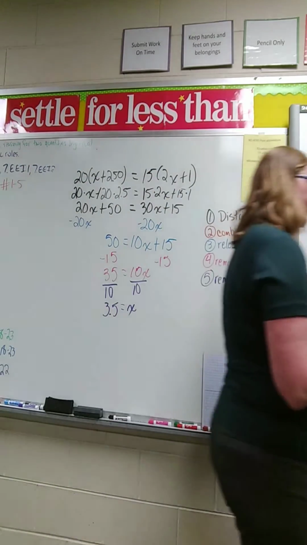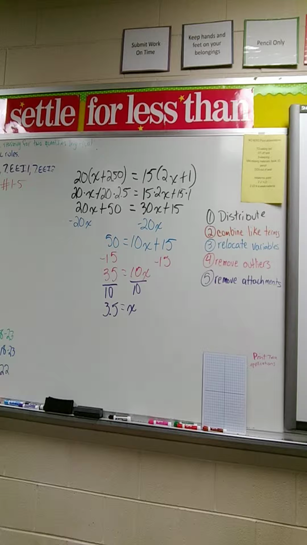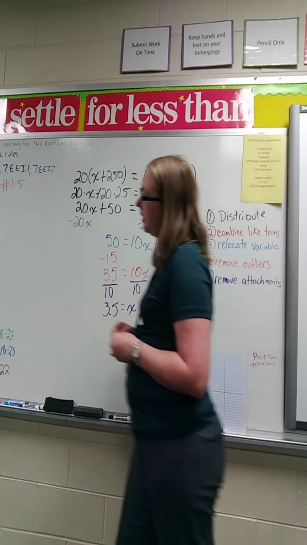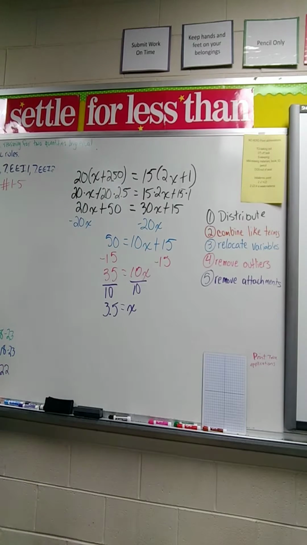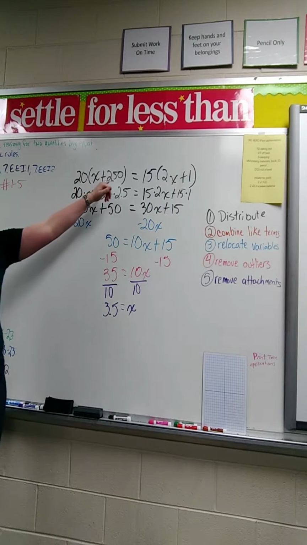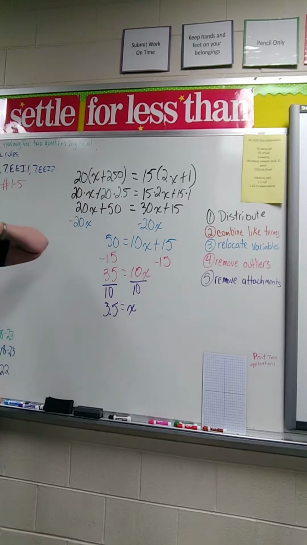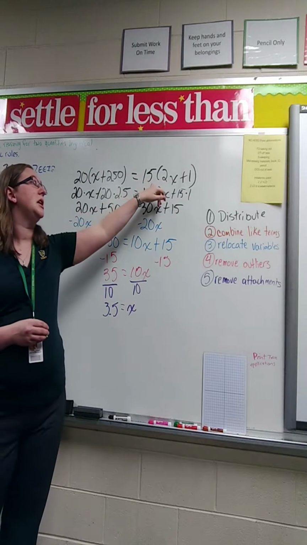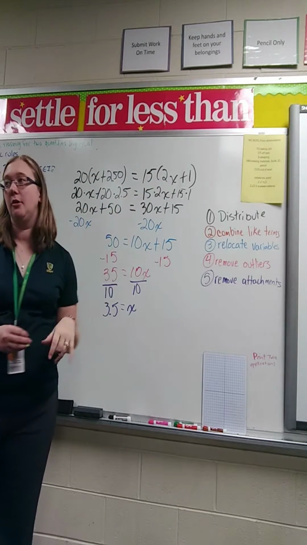So, in the black ink, we did step 1, which said that we wrote the problem. We know we have to write the problem. We then distributed 20 to the quantity x plus 2.5, and we distributed 15 to the quantity 2x plus 1.